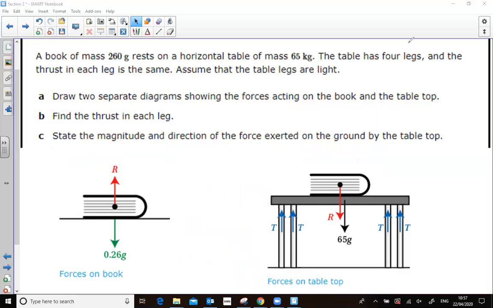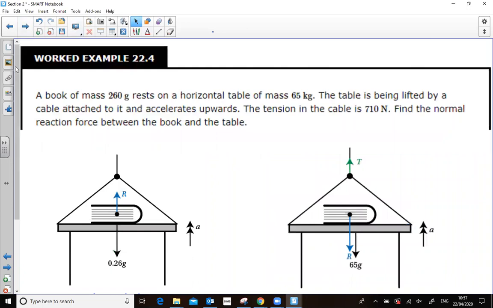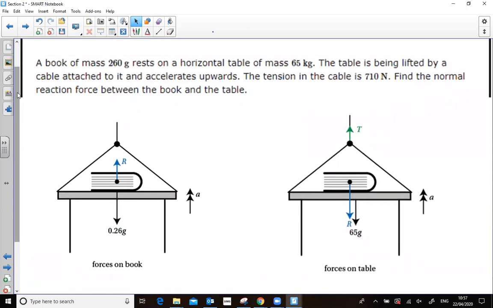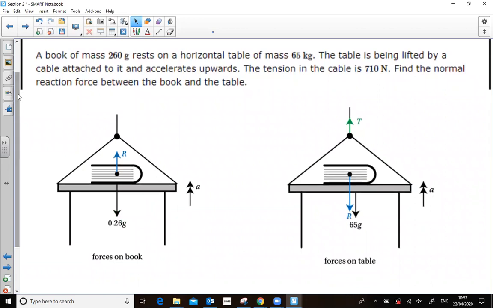Let's move on. Right, let's have a look at this example. A book of mass 260 gram rests on a horizontal table of mass 65 kilogram. The table is being lifted by a cable attached to it and accelerates upward, as you can see in the first diagram.